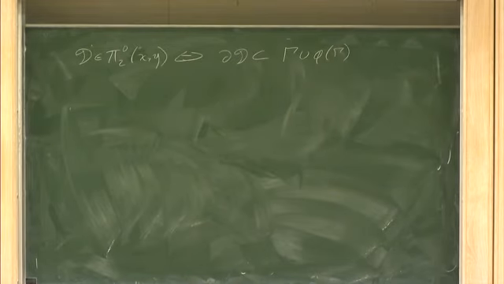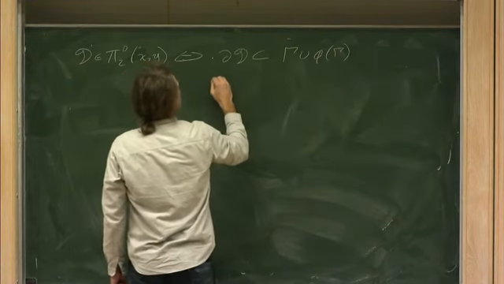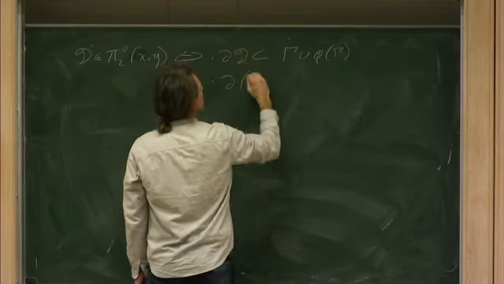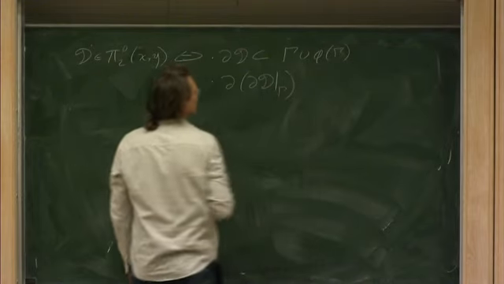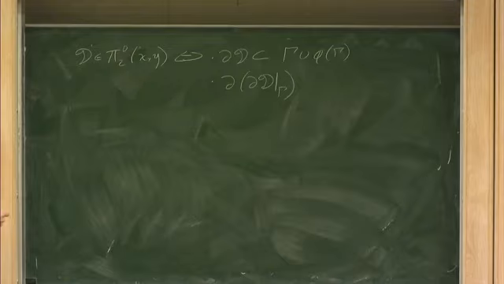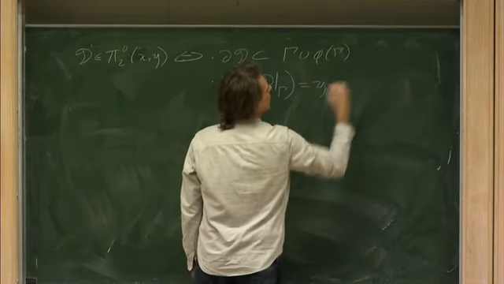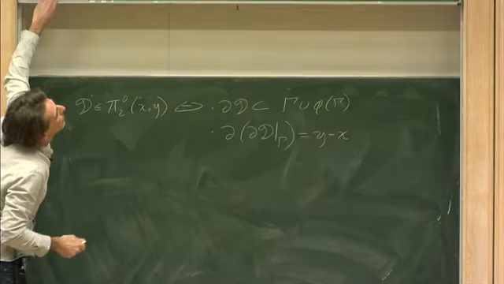So in particular, it stays on the top of the open book decomposition, right? It doesn't go down to the bottom. And then the other thing we want is just as in what Adam had, that if we take the boundary of the boundary of D restricted to my gammas as opposed to my phi of gammas, then I get y minus x as an oriented thing.